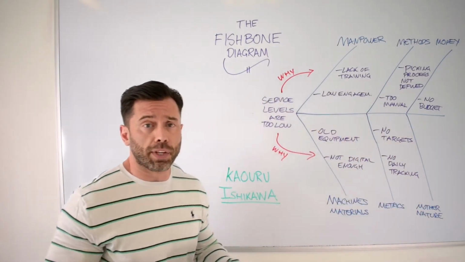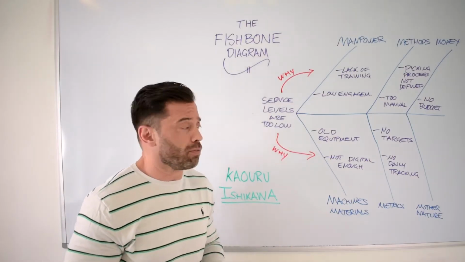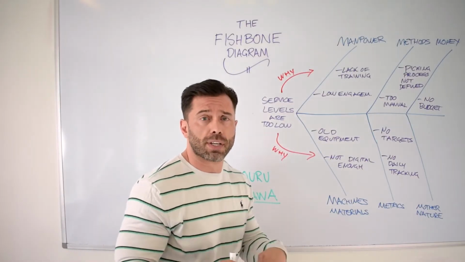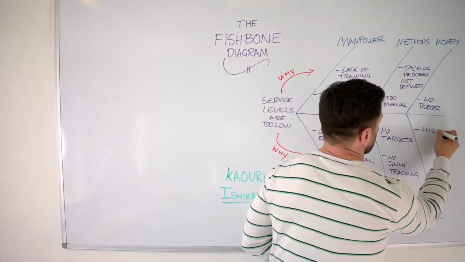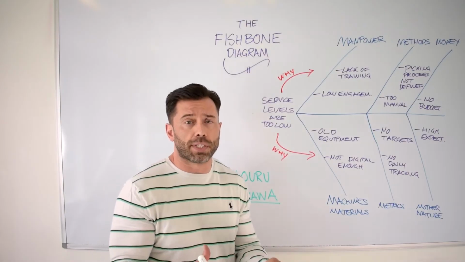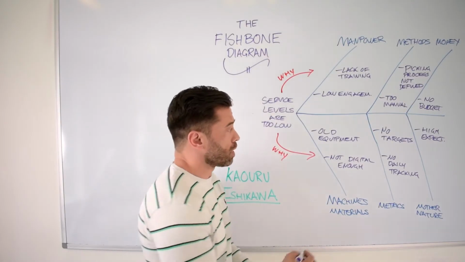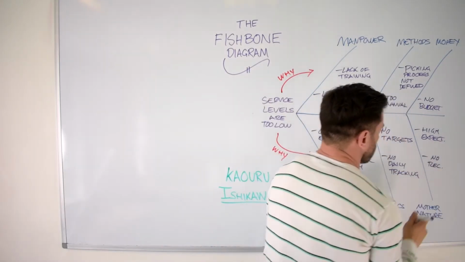On Mother Nature or the environment, reasons that could cause this problem could be, for example, that the customer has high expectations. Or maybe the team feels that there is no recognition from the management in this process.